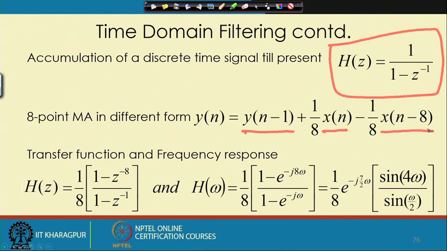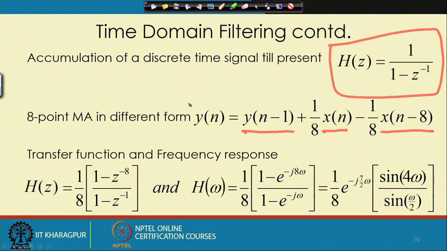So, it is actually equivalent to that. The only change we have made here is that this is no longer an FIR filter, because in case of an FIR filter, we have only the input signal and past few inputs, but here we are using the output of the signal also to generate the present output.